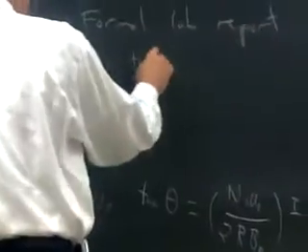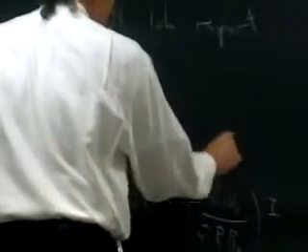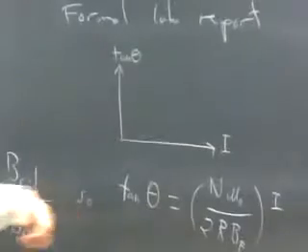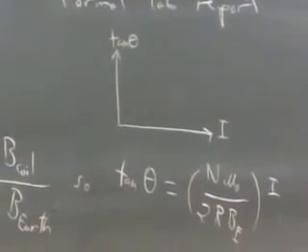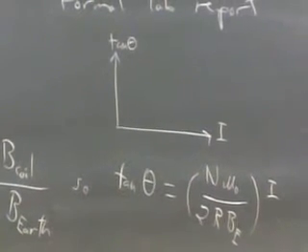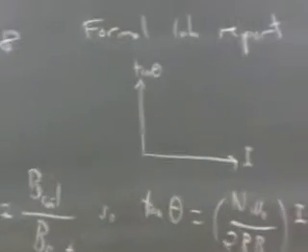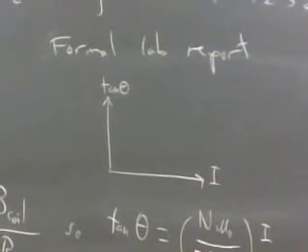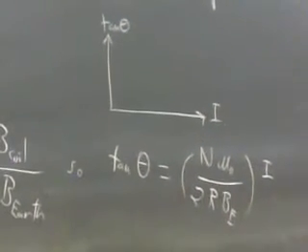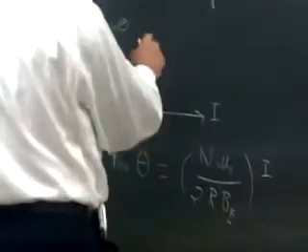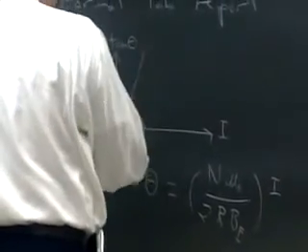So that says that the tangent of theta is equal to N mu 0 I over 2R B of the Earth. Now you notice that I wrote some things in parentheses. Look at the things that are in the parentheses. You notice all of those are constants.